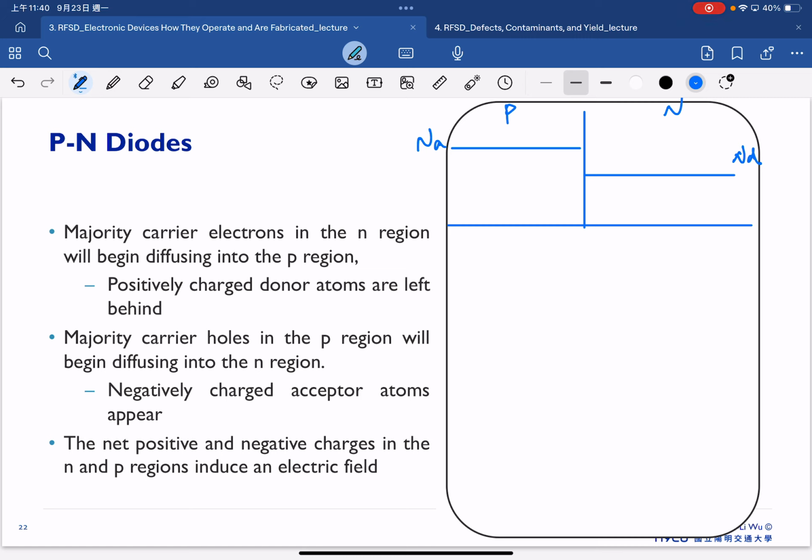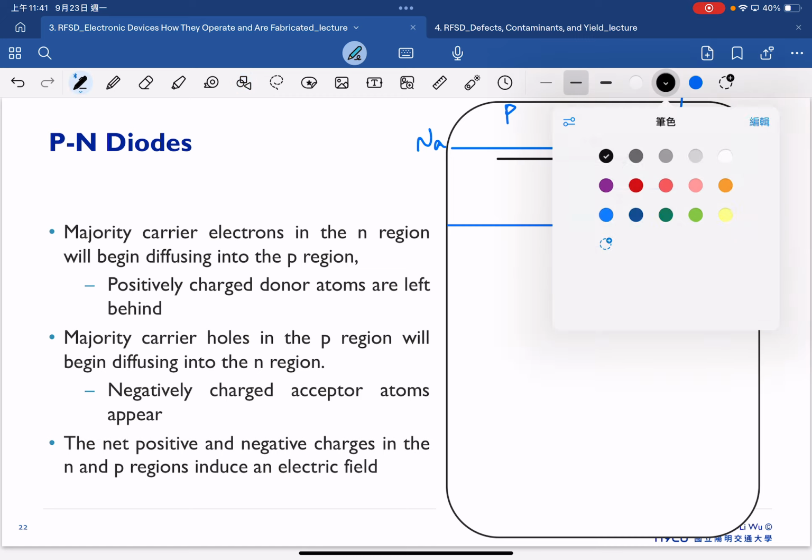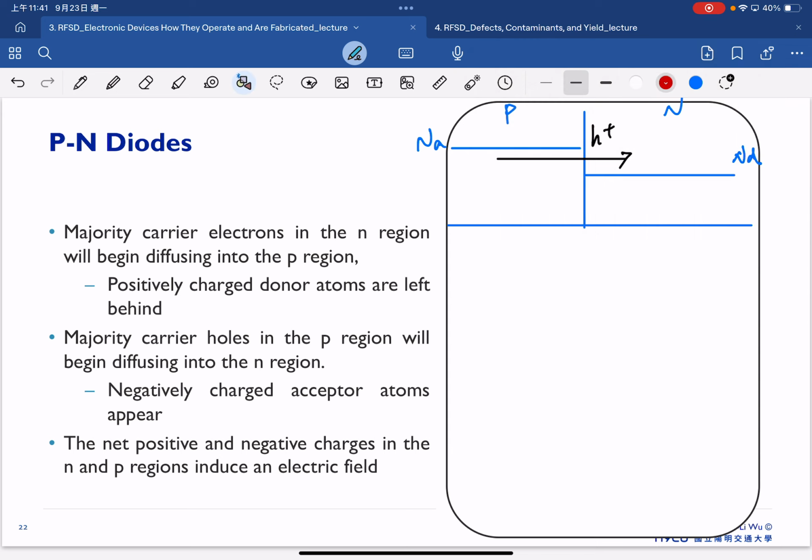As we already know, because of the concentration difference between the two sides, we can expect the holes will try to diffuse to the right. On the other hand, the electrons will try to diffuse to the left. So this still will happen.